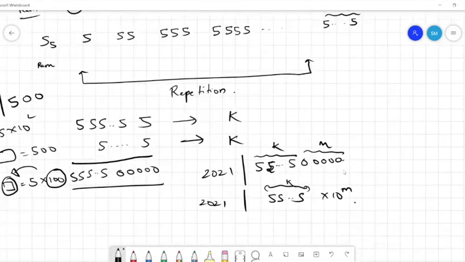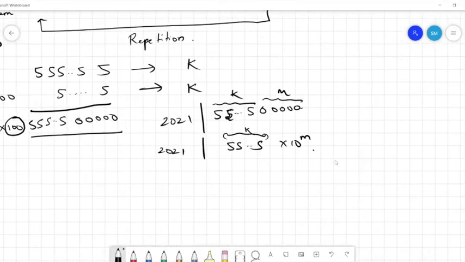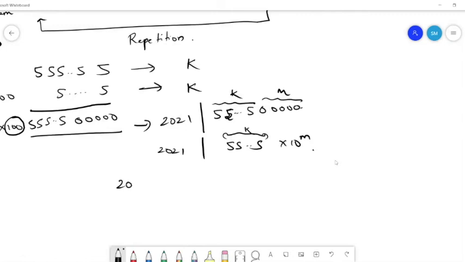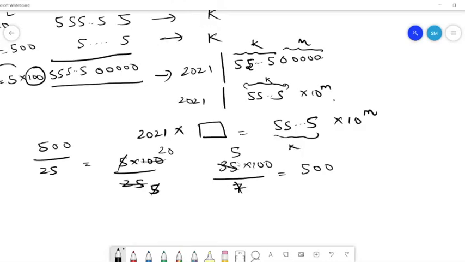So from the first statement, 2021 into something is equal to 555k times 10 power m. We have 2021 divides this number having k 5s and m zeros. The question is, does 2021 divide this number having k 5s?